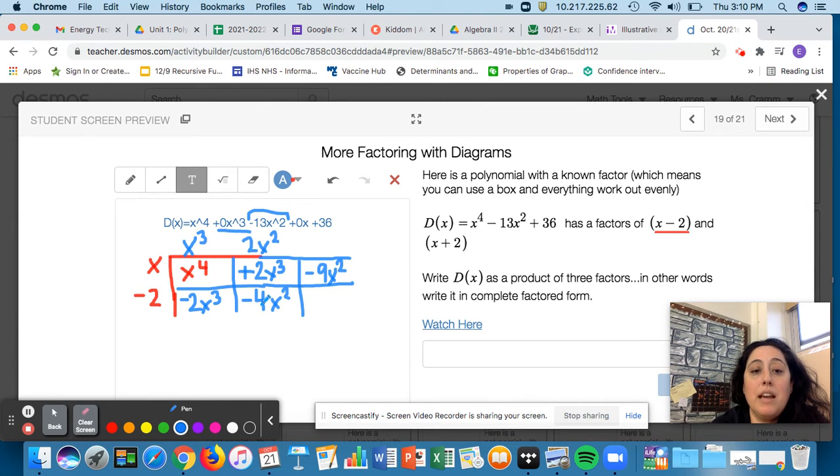Okay, so negative 4 minus 9 gives me negative 13x squared. All right, so now x times negative 9x, right? x times x is x squared. So now negative 9x times negative 2 would give me a positive 18x.